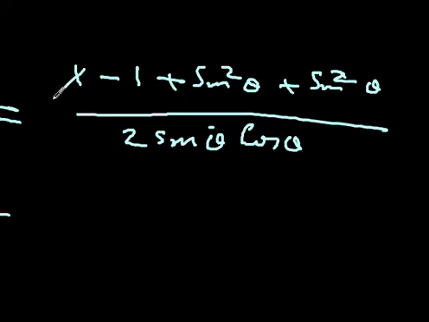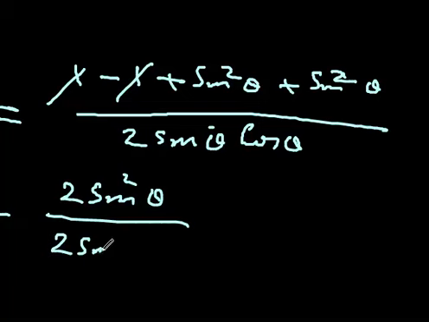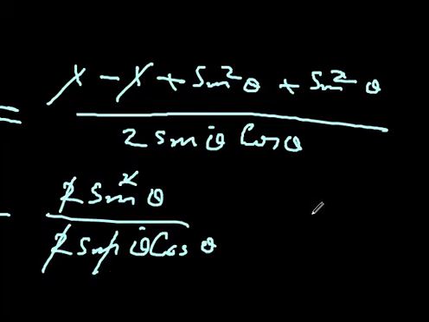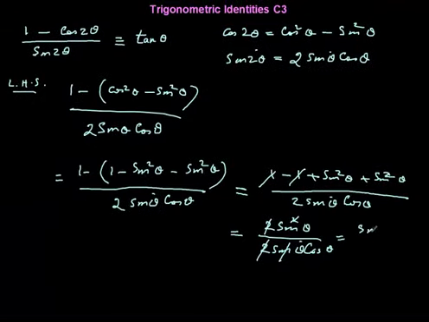Now the 1s cancel out, so I get 2 sine squared theta at the top and 2 sine theta cos theta in the denominator. I will first cancel 2 with 2. The squared sine cancels with one of the sines, so I'm left with sine of theta over cos of theta, and at this level you should know that that's equal to tan theta. So that is your right hand side.